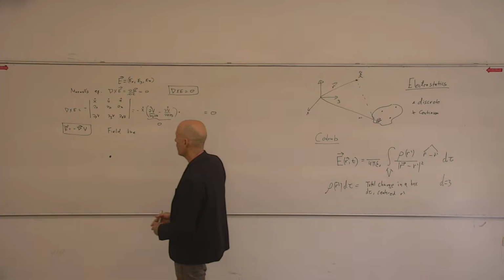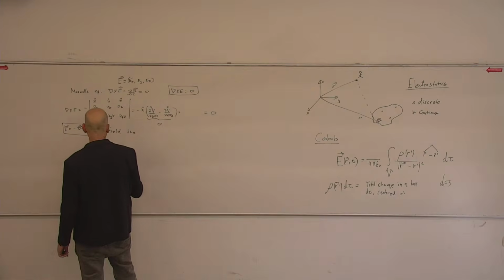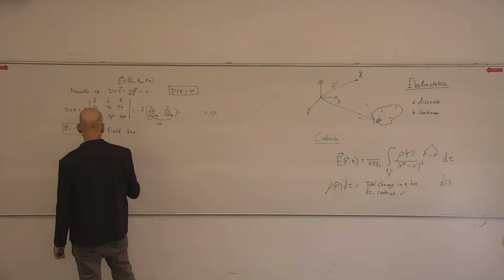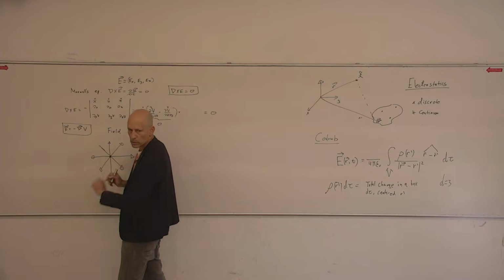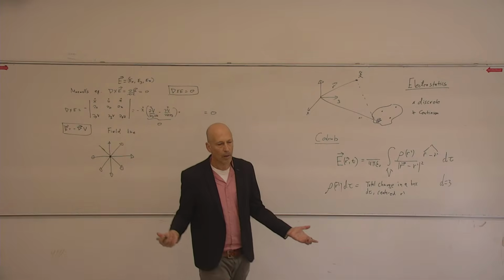I can start by plotting the directions. If this is a positive charge, these are the directions, right? It means that if I put here a test charge, the force will be positive, and it will go like that.